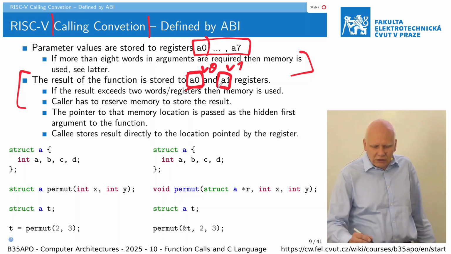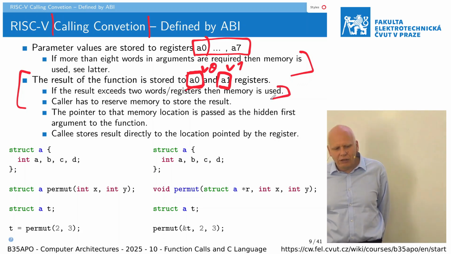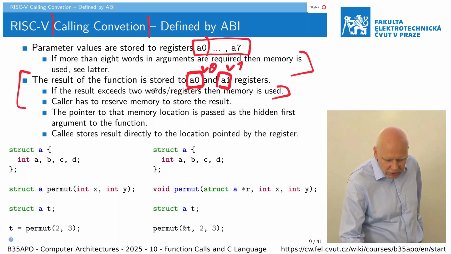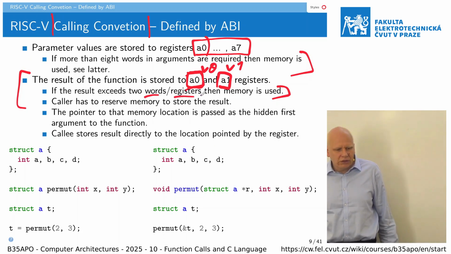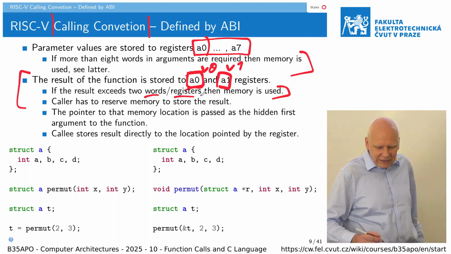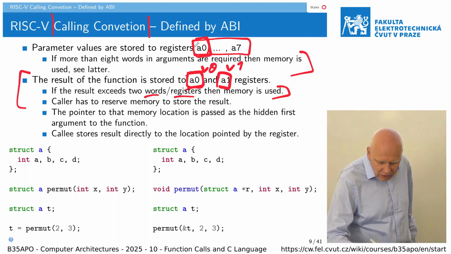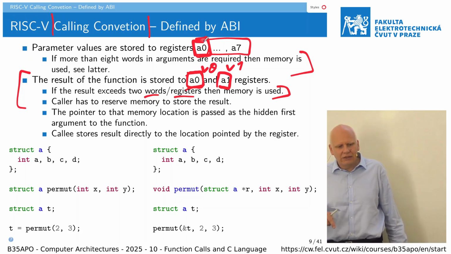If the value exceeds the capacity of those 2 words in those 2 registers, then memory is used and the caller is passing a hidden pointer to the memory area where the result should be stored.